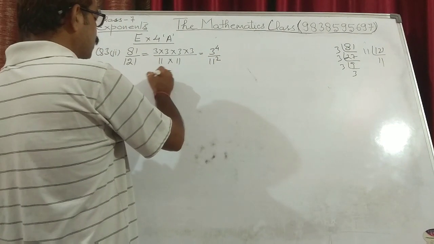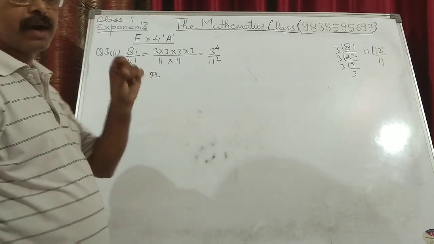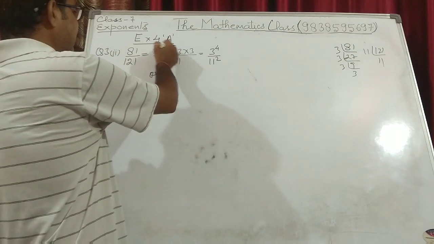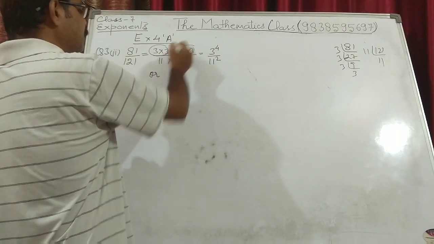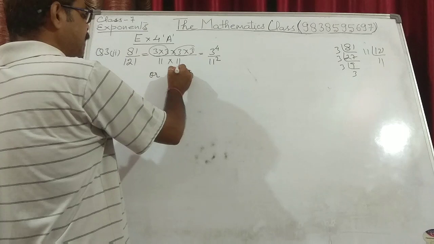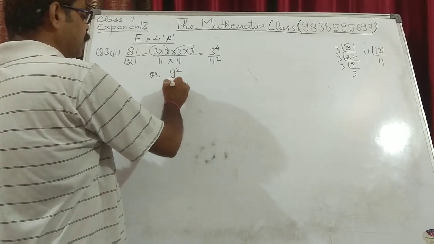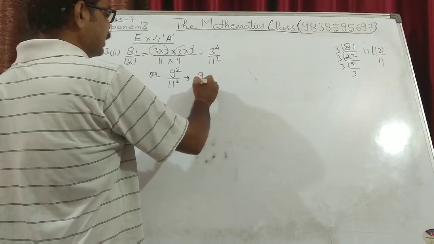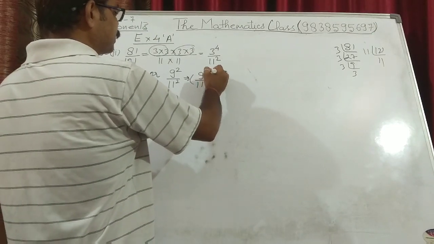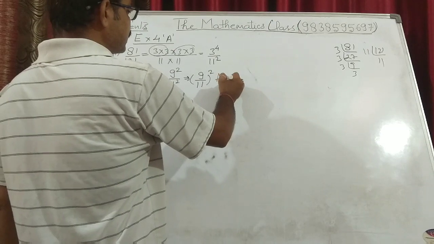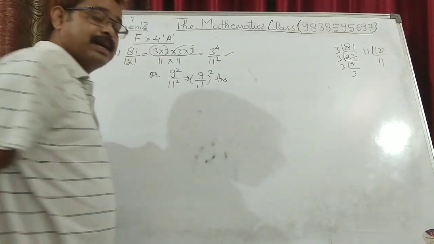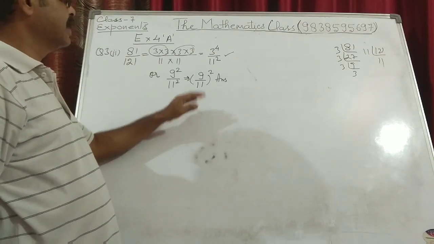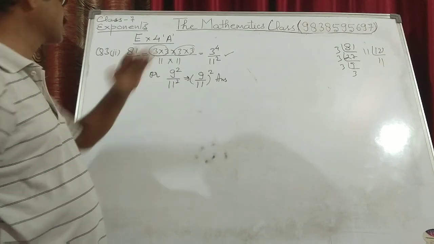Or if you want to make the powers of numerator and denominator equal, we can write 9 into 9, or 9 to the power 2 upon 11 to the power 2. Even this is the answer, and this is also the right answer. So whichever way you feel like, it's better you write it in this manner.